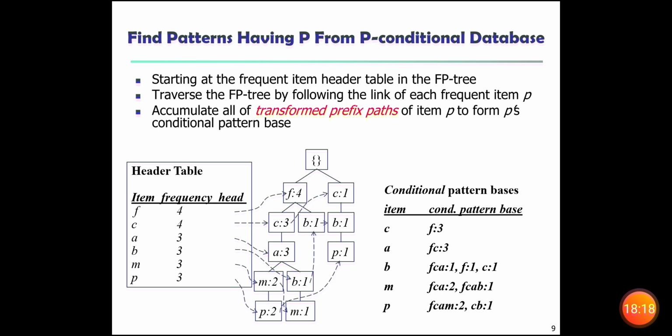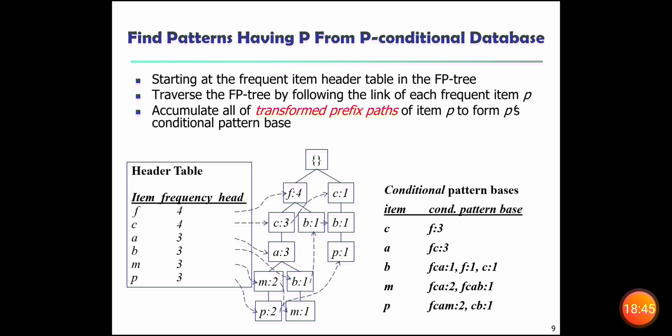Starting at the frequent item header table in the FP tree, traverse the FP tree by following the link of each frequent item P. Accumulate all the transformed prefix paths of item P to form P's conditional pattern base. Now we can take this.